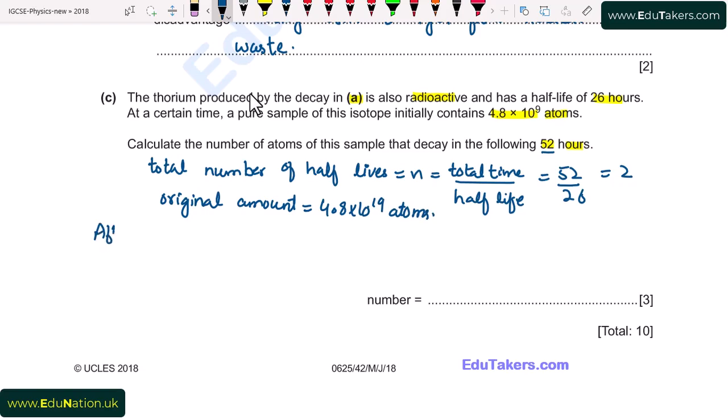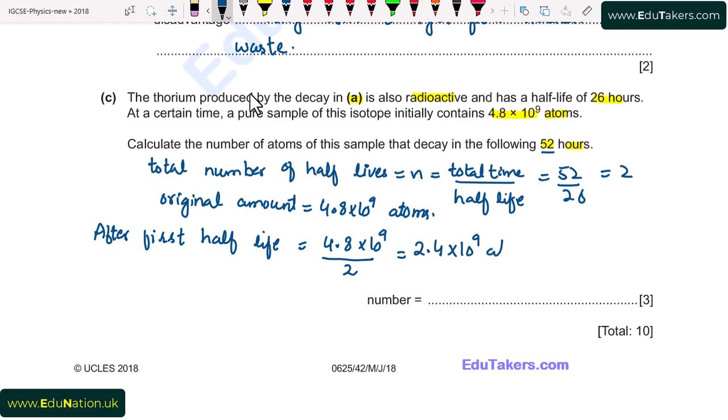Now I calculate it after the first half-life. This will be 4.8 multiplied by 10 to the power 9, divided by 2. After the first half-life, half of the sample will decay, so it becomes 2.4 into 10 to the power 9 atoms.